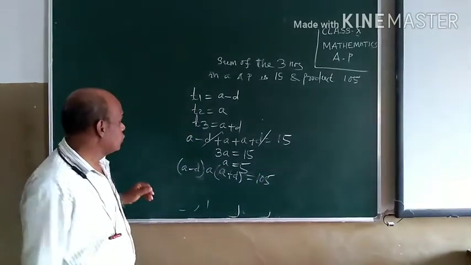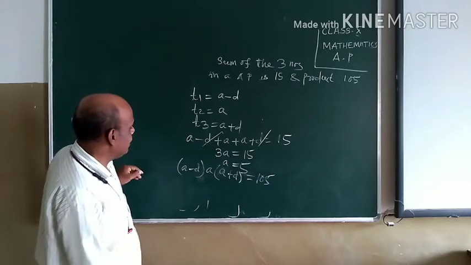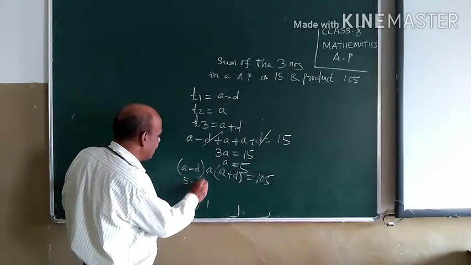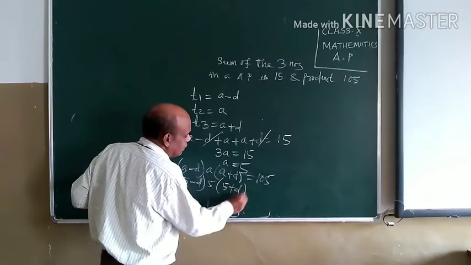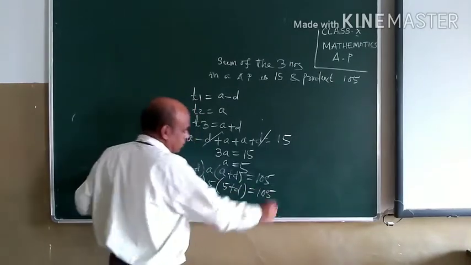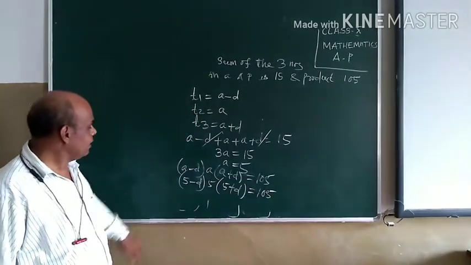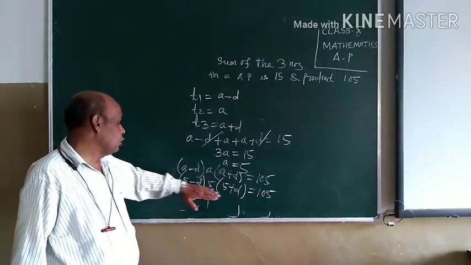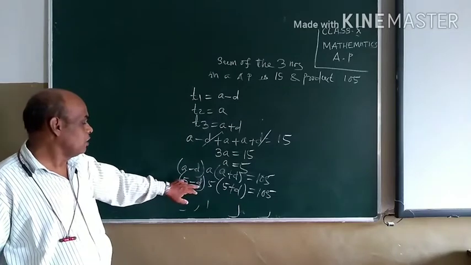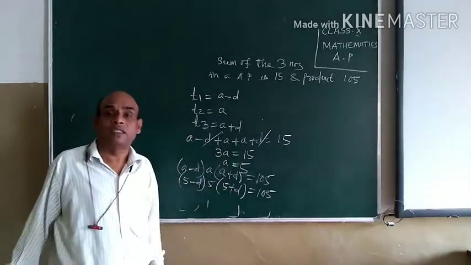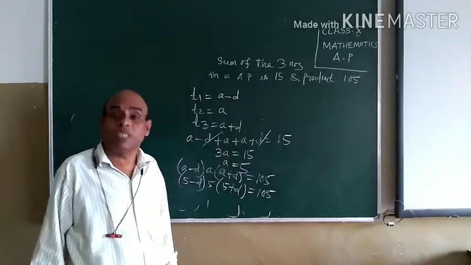So now substitute the value for a, that is 5 minus d into 5 plus d, that is 105. Let us say this is a minus b into a plus b, that is equal to a square minus b square.